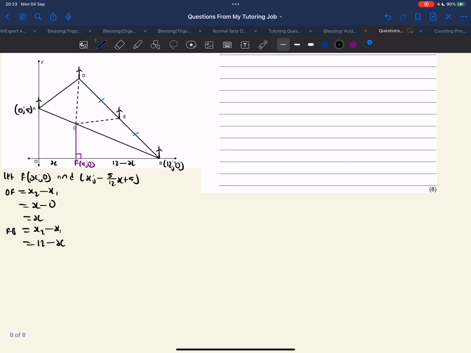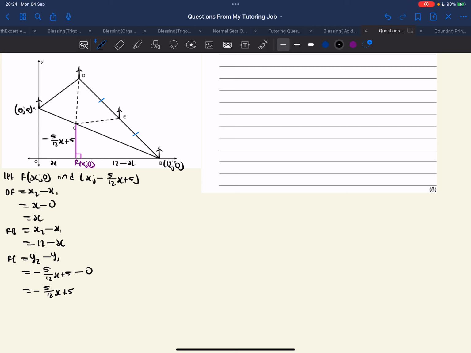And then also know that the length of FC is going to be y2 minus y1, which is that whole entire equation there, minus 5 over 12 x plus 5 minus 0. So the length of FC is going to be minus 5 over 12 x plus 5.